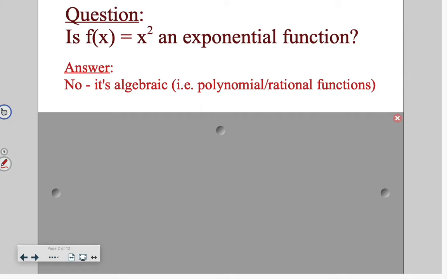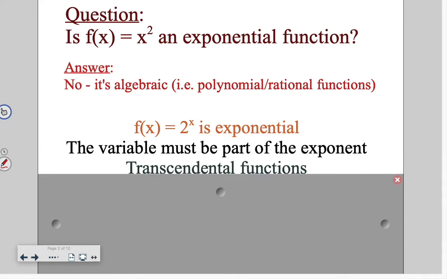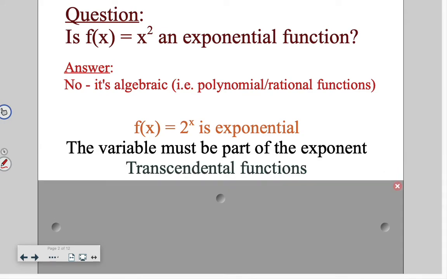Those are all algebraic type of functions, where x is down in the base. An exponential function is one that has the variable in the exponent. Whenever there's a variable up in the exponent, that is an exponential function. Not that it matters all that much, but those are in the category of what are called transcendental functions.